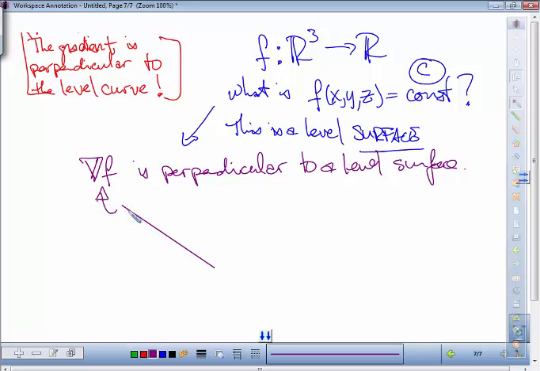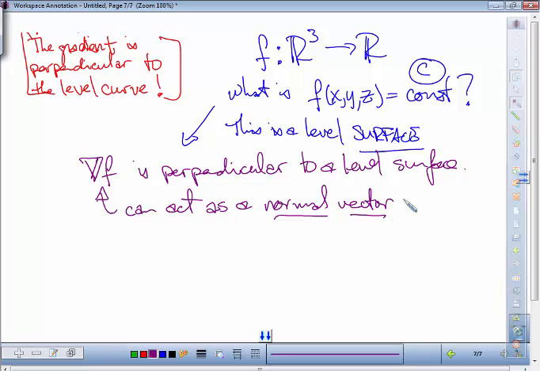So since this is perpendicular, the gradient can act as a normal vector. Why do we care about normal vectors? Not a distance.